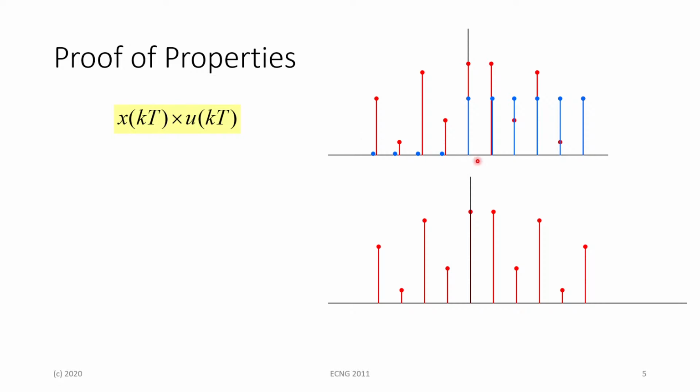So everything before k equals 0 will just disappear and become 0, and everything from k equals 0 going onward will maintain the same values.